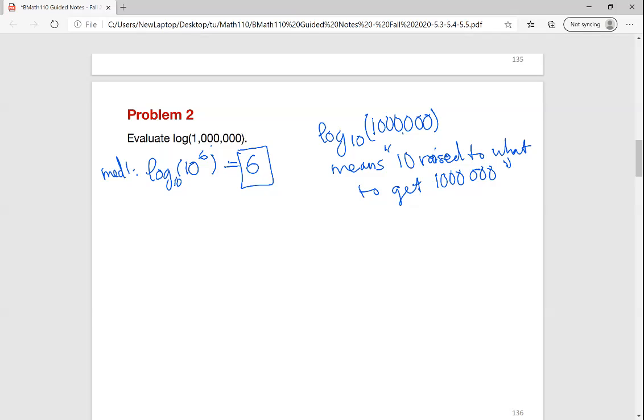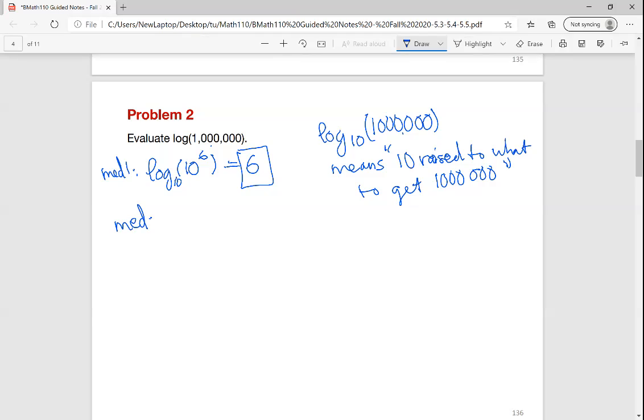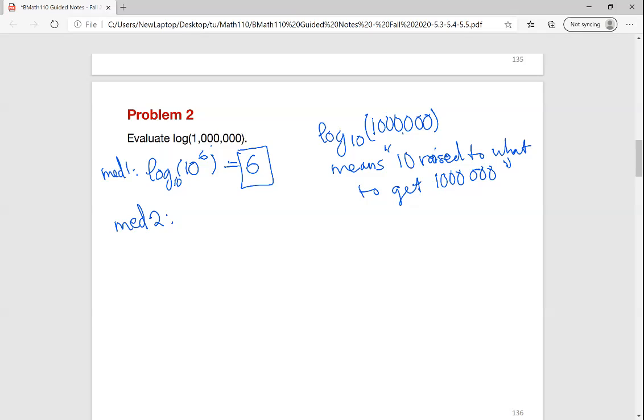And I would like to introduce another method, which I usually use. If you want to evaluate log of 1 million or anything, you set it equal to x, and you are looking for x.